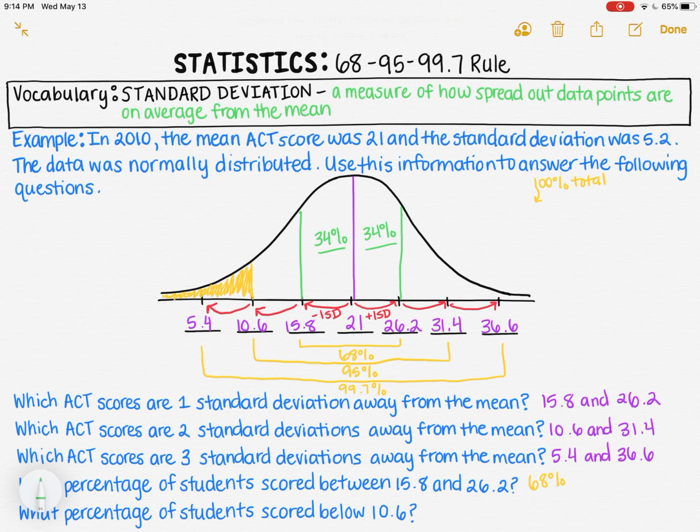I can do the same thing moving outwards in my next 2 sections. And you can tell these are going to be smaller percentages than 34%. So for this, I need to figure out what percentage is left over in the 95% section because we're looking 2 standard deviations away. So we're looking at that 95% chunk, but I've already accounted for 68% of it.